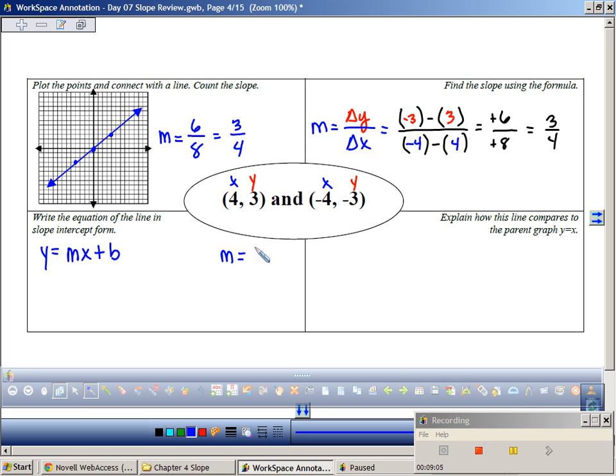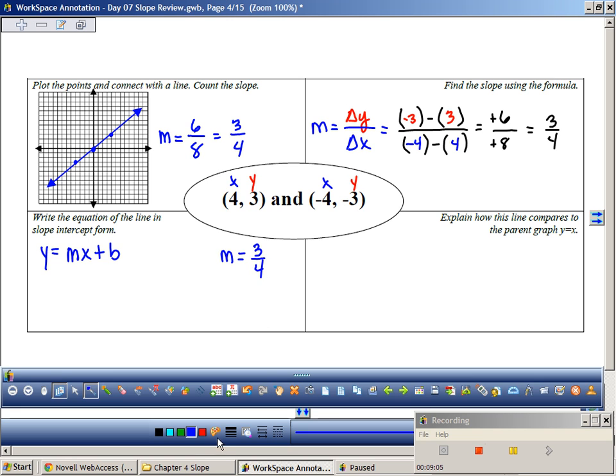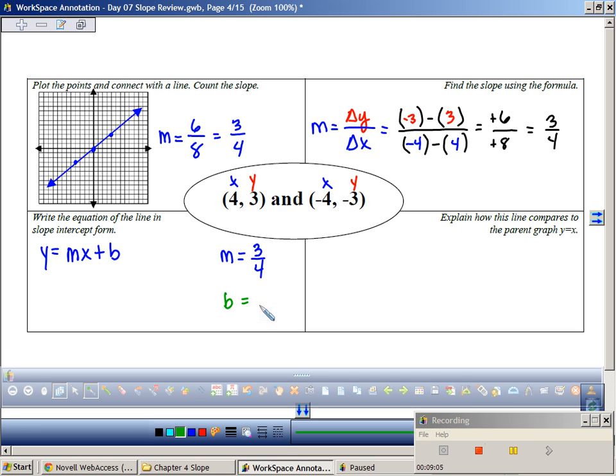No, our slope. 3/4. Good. Pick somebody. Eduardo, what's my y-intercept? Not Philip. I can hear you, Philip. Eduardo, what's our y-intercept? Here's the y-axis. Good. 0.